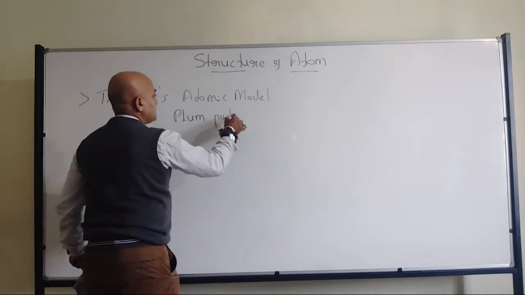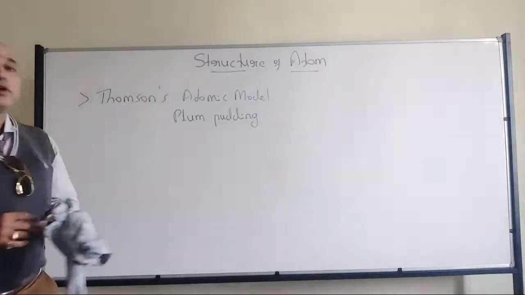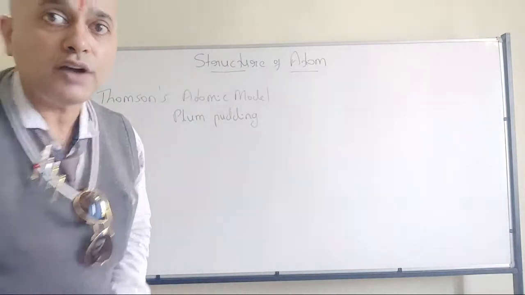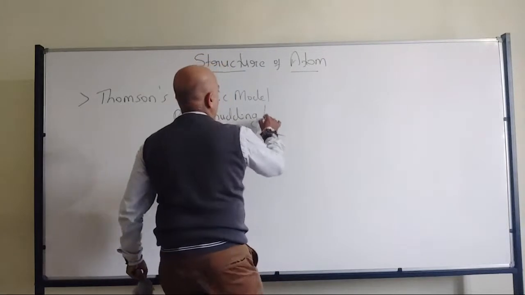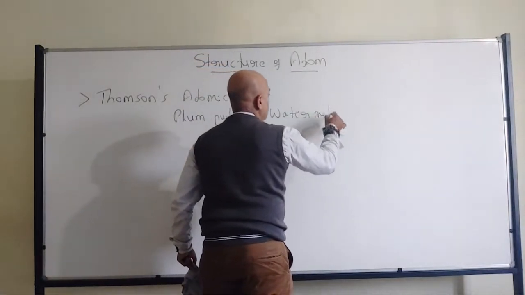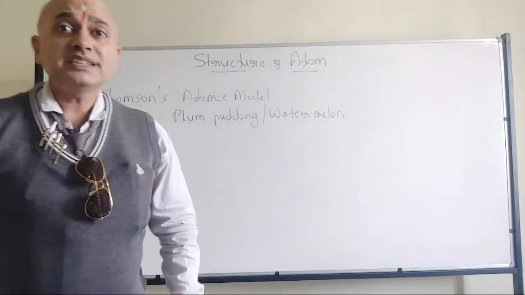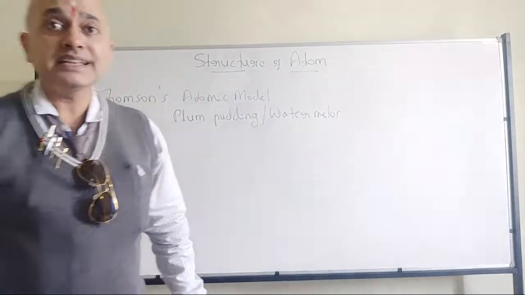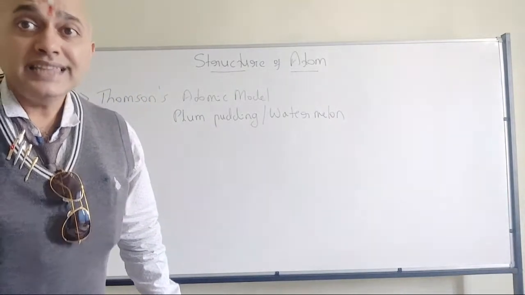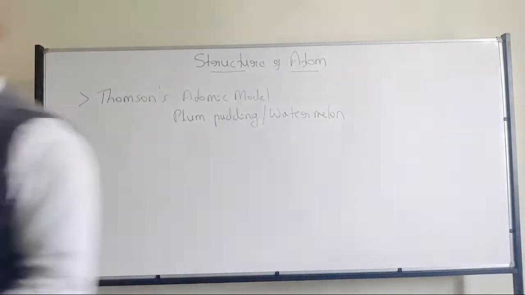Very good, the plum pudding model, or watermelon model. According to this model, the positive part of an atom is uniformly distributed, and the negative part of the atom is also uniformly distributed.